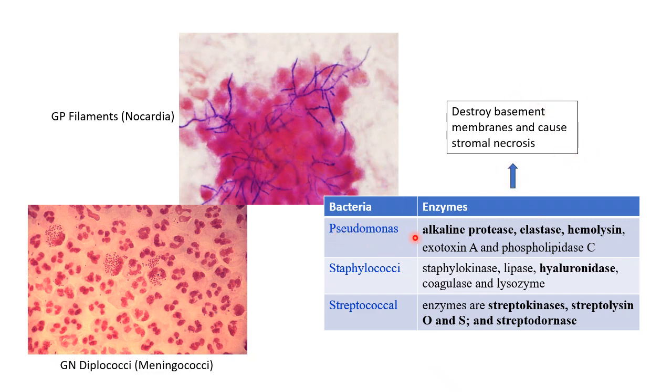For example, Pseudomonas produces the given enzymes. Staphylococci is notorious for hyaluronidase, coagulase. Streptococcus for streptokinase, streptolysin, and streptodornase, which are also the derivatives of certain antibiotics.